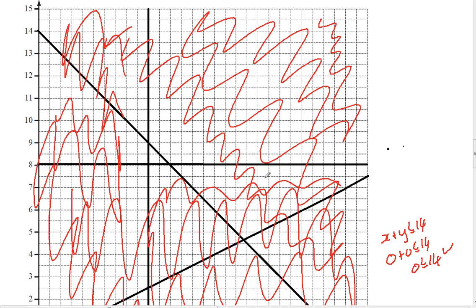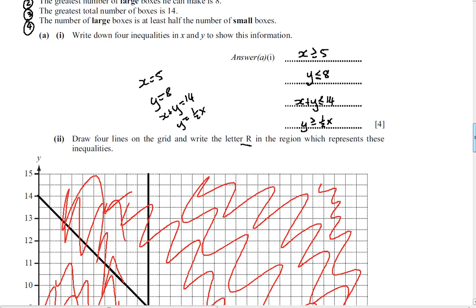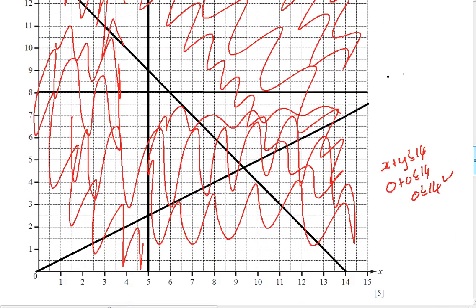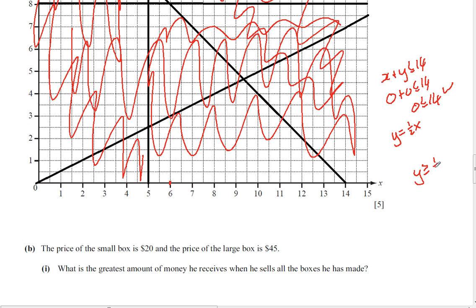You can probably guess where this region is going to be. And y is greater than or equal to a half x. So here's the line y is equal to a half x. We have to take a point which is either below or above it. If I take a point below it, let's say 6 and 0, so x is 6, y is 0.